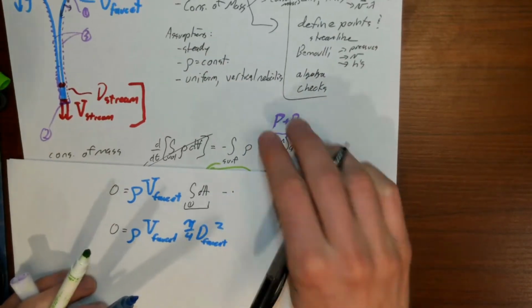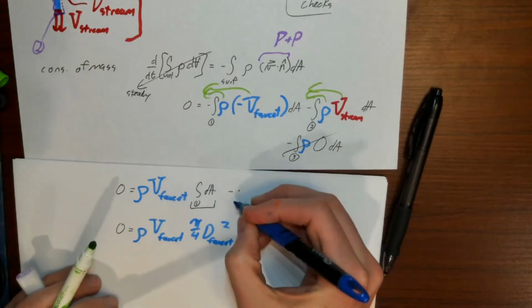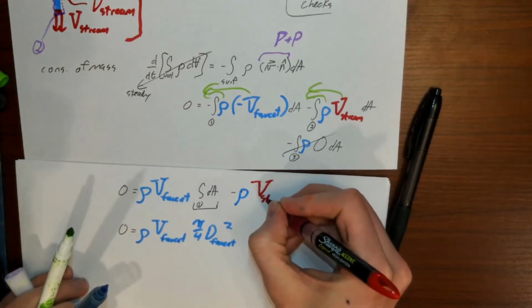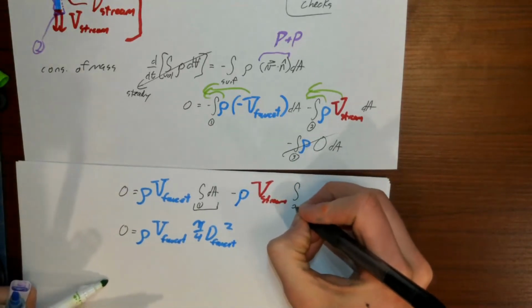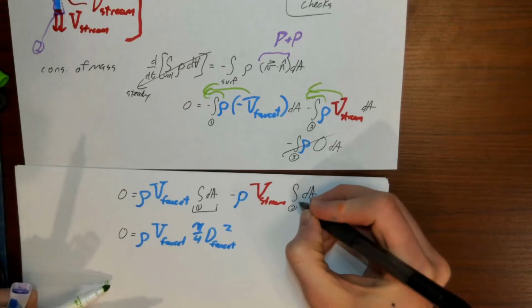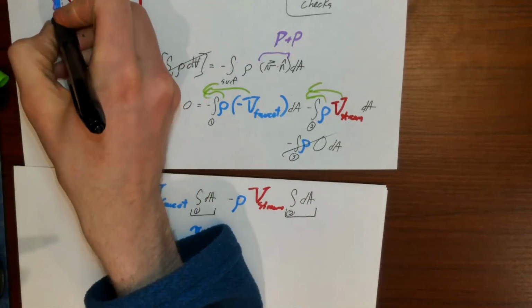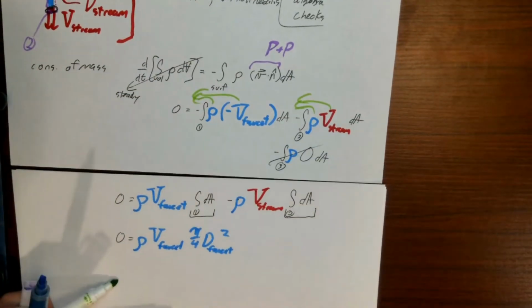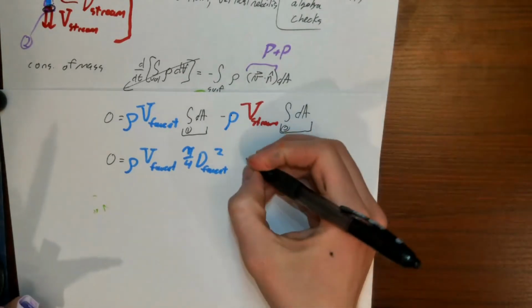Then we have minus rho times v stream times the integral over surface 2 dA. This essentially is the area of that circular section of the stream downstream. So what do we have?